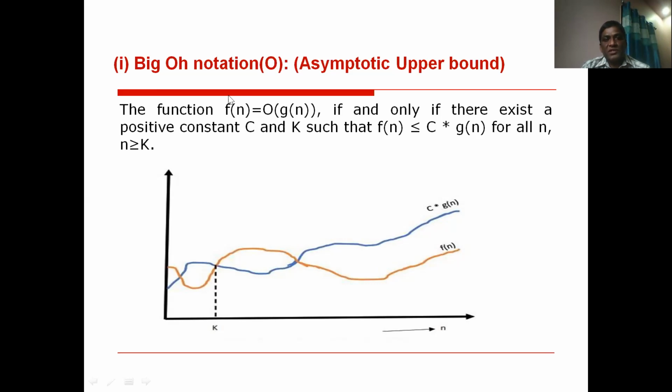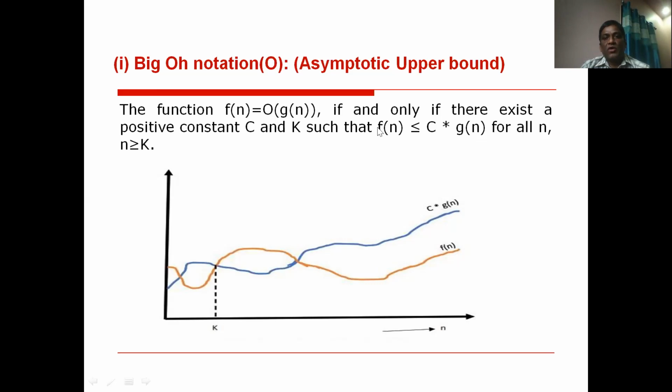I want to represent f of n using asymptotic notation big O. Therefore, I look for another function g of n in such a way that f of n can be written as less than or equal to some constant c into g of n. You must be able to write this for a given f of n and g of n combination. If you are able to represent f of n and g of n like this, then f of n can be represented as big O of g of n.